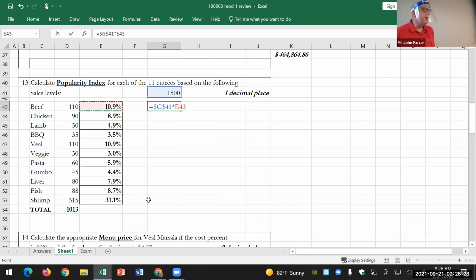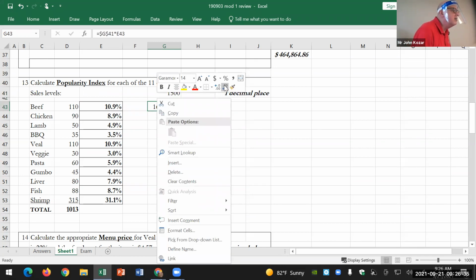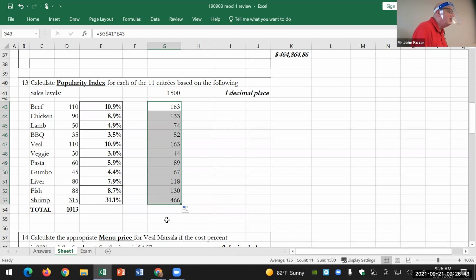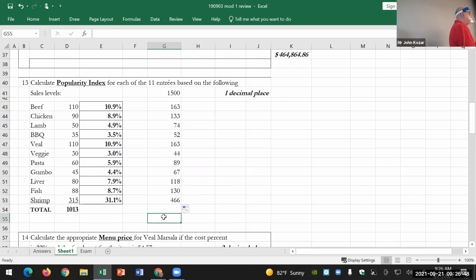We can just multiply that 1,500 times the sales percentage and determine, we can do something like a prep list about how much we would have to prep in order to serve 1,500 people based on a sales mix that covers a period of time.